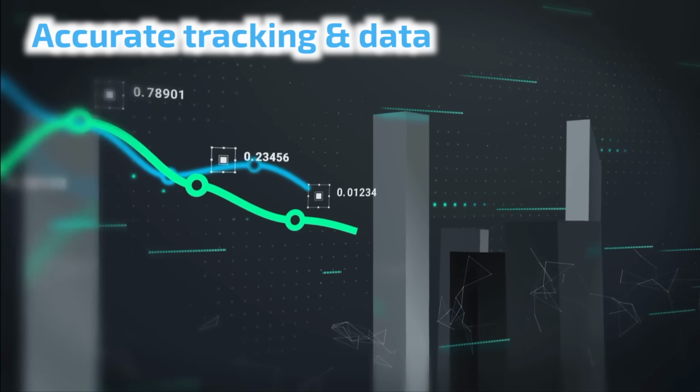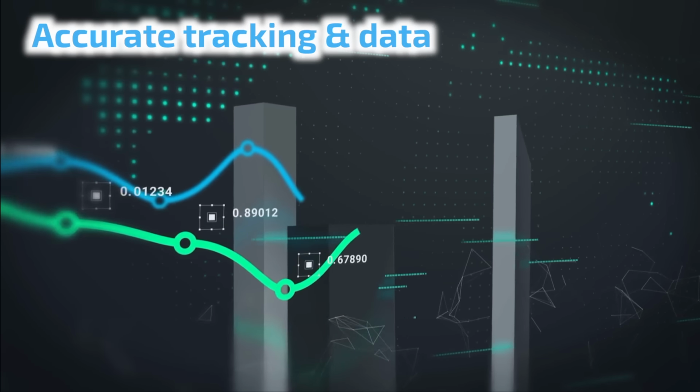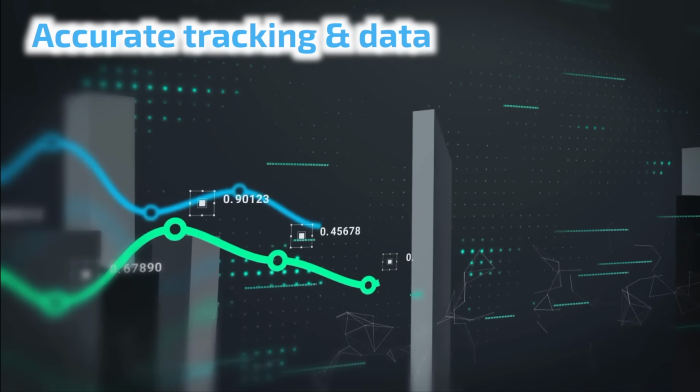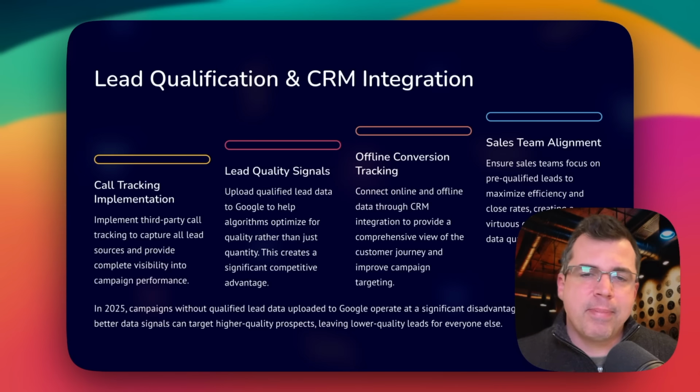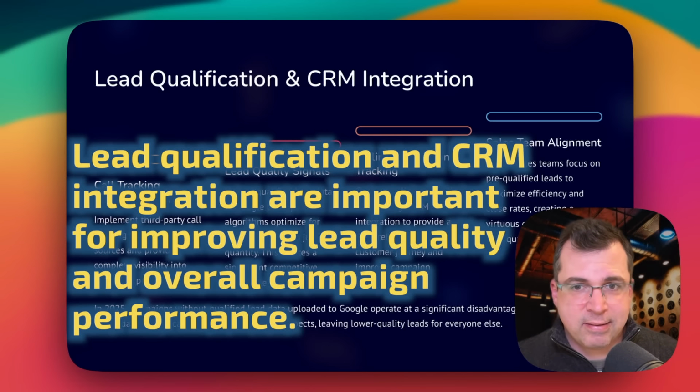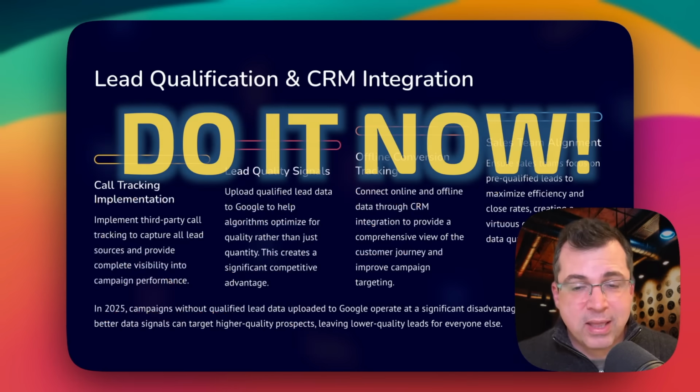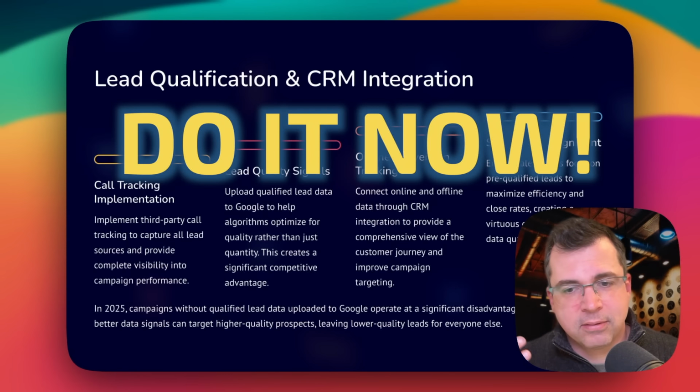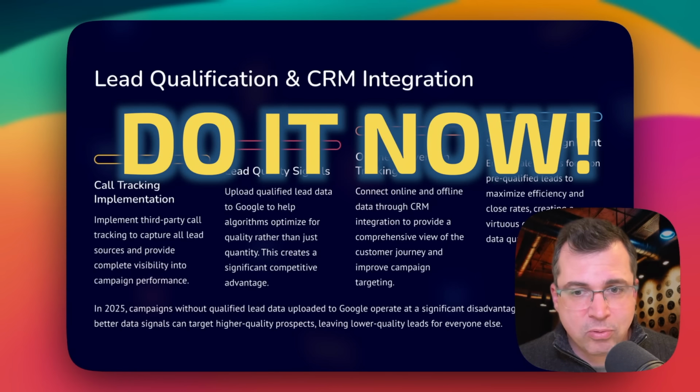Accurate tracking and data are essential for making informed decisions and improving campaign performance. By feeding better data back to Google, the AI within Google can make better decisions. To sum up, lead qualification and CRM integration are important to improving lead quality and overall campaign performance. And you need to do it now and act before your competitors do it and take the best leads from Google instead of you.